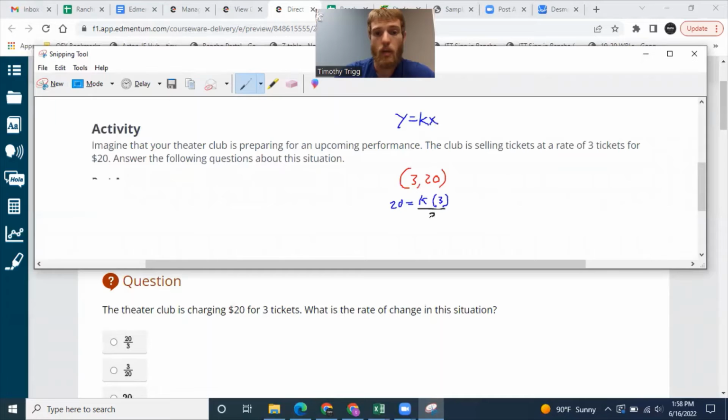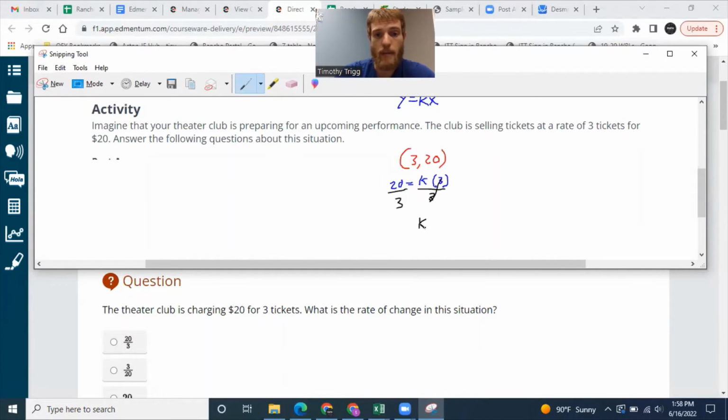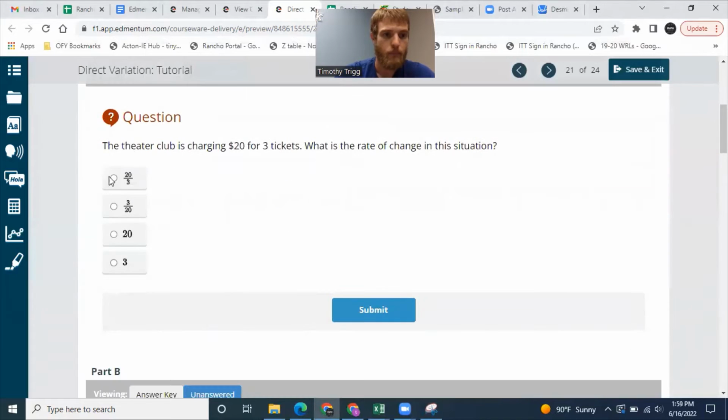Solving for k, we're going to divide both sides by 3. This gives us that the value of k is 20 over 3, or 20/3, you may call it. And there you go. This is the rate of change in this situation, or in other words, your k, or in other words, the slope of the direct variation line.